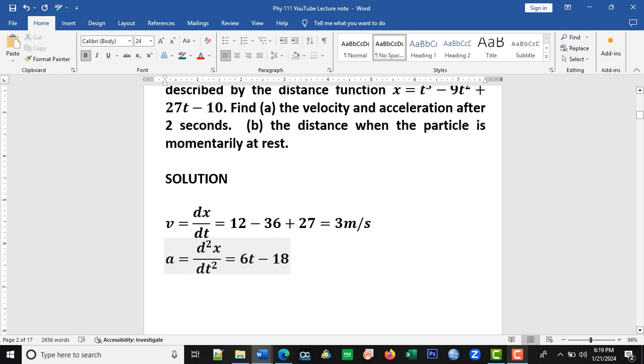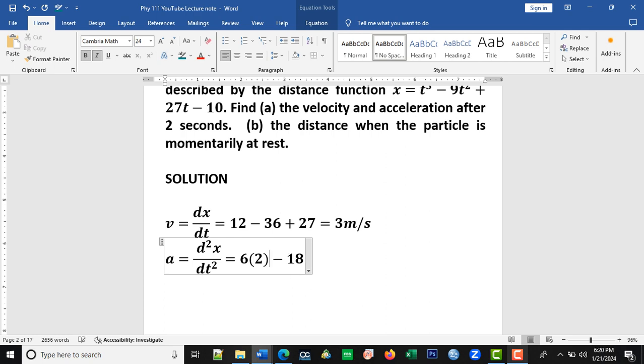and it gives us 6t minus 18. What is the t? It was given in the question, which is 2 seconds. So I'm going to replace 2 in place of t. 6 times 2, this is 12.